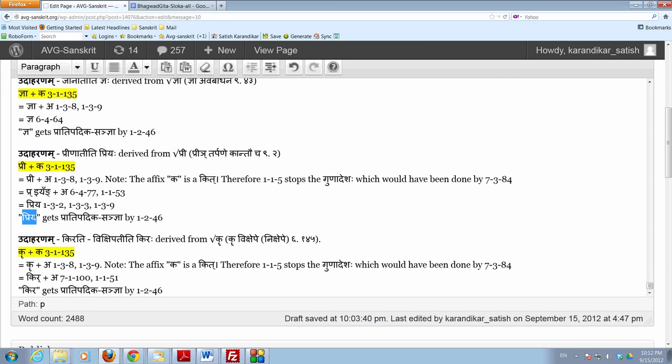Again, priya gets pratipadika sanya by krita is a samasascha. It goes in all three genders. It will become priyaha in masculine, priyam in neuter, priya in the feminine. So the only special thing here was that kiniti just stopped the gunadesha, and then we got the iyangadesha by 6477, achishnut dhatu bhruvam yovor yangvangao.